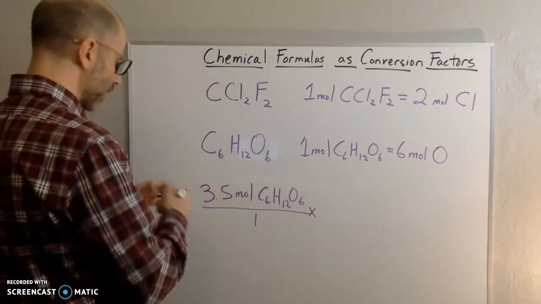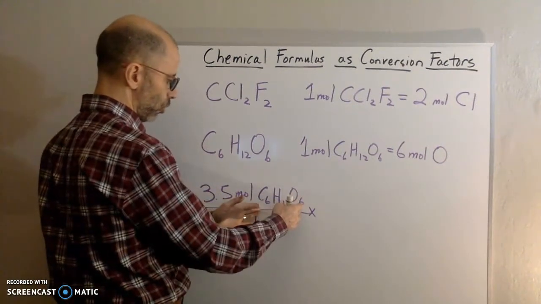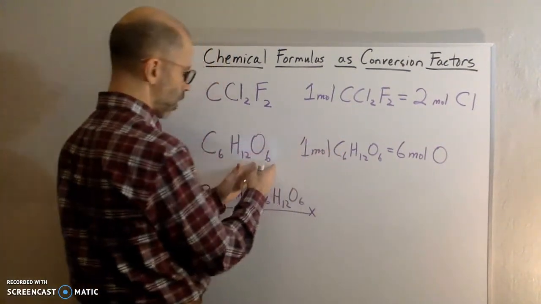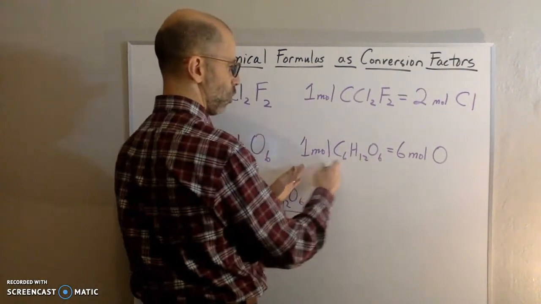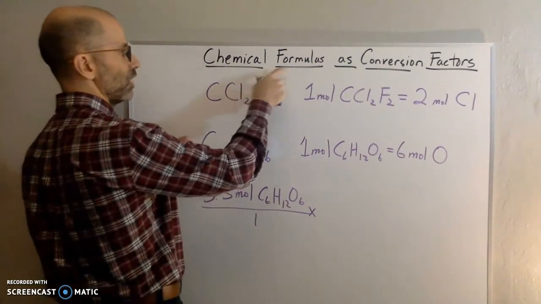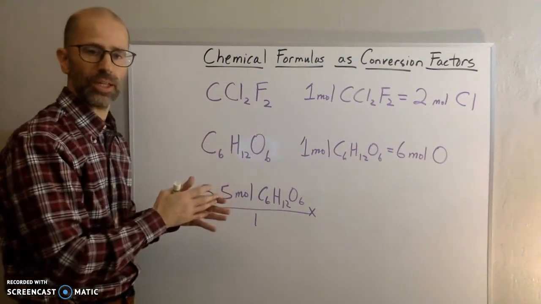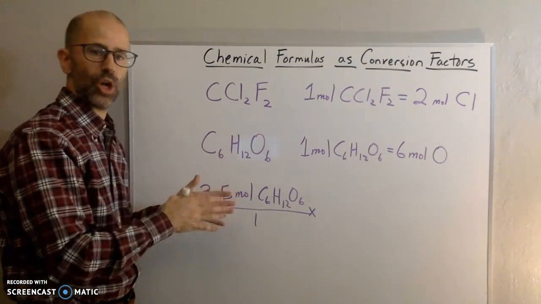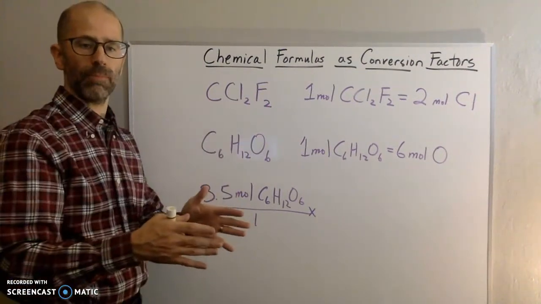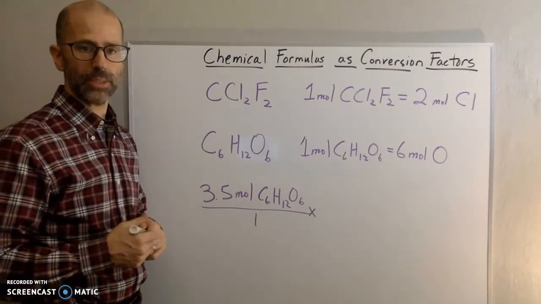And now I need to go from moles of the whole to moles of the part. So I have this equality here that I got from the formula. So I'm using the chemical formula as a conversion factor because the chemical formula gives me the ratio between whole and part, or between part and part, depending on what the problem is asking me.